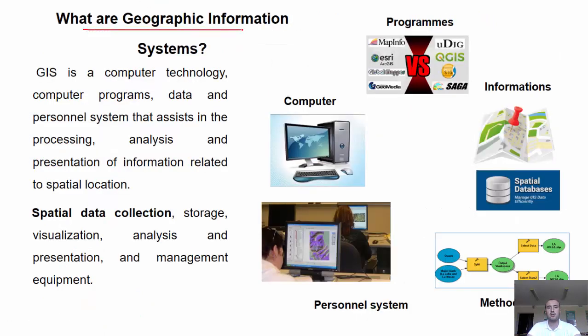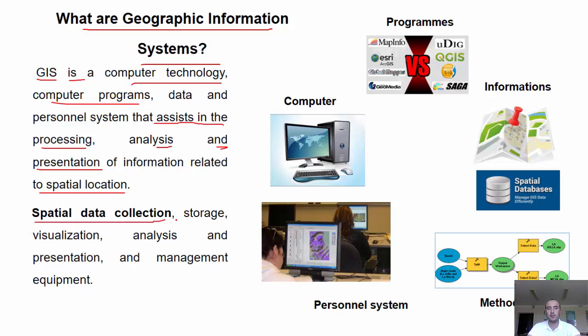What are geographic information systems? GIS is a computer technology, computer programs, data, and personnel systems that assist us in the processing, analysis, and presentation of information related to spatial location and spatial data: collection, storage, visualization, analysis, and presentation, and management equipment.